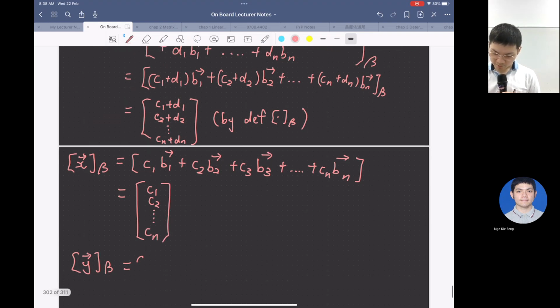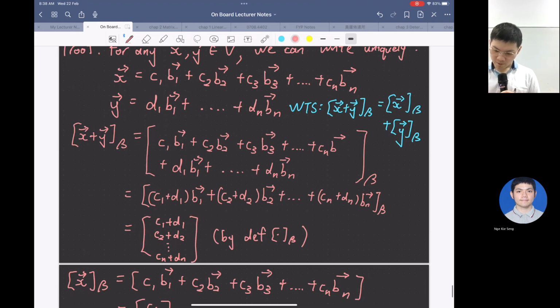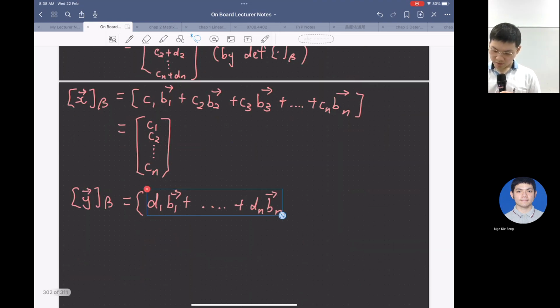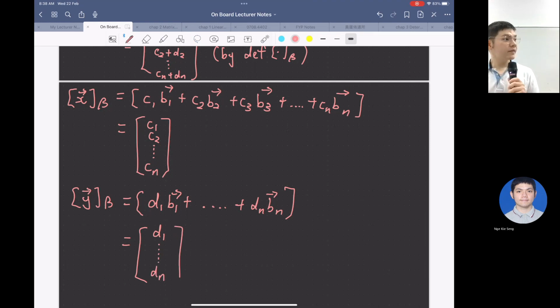How about y? The coordinate vector for y is just D1 up to Dn.